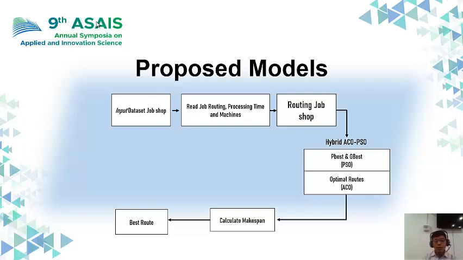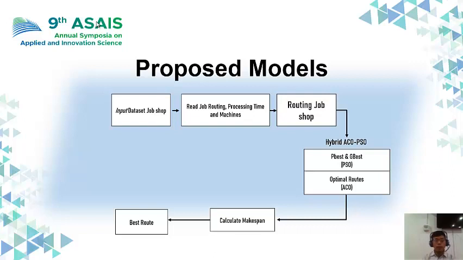Calculate the P-best value, namely the process position of each job on the machine, to get the best solution with the particle swarm optimization algorithm. Next, calculate the global best or G-best value, the best position of each job on the whole machine, with the particle swarm optimization algorithm.